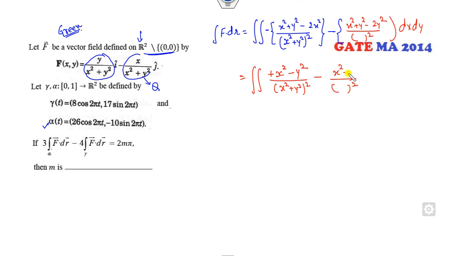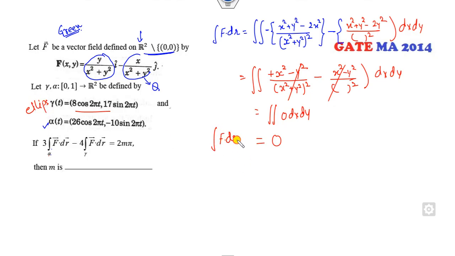It is x square minus y square. So what is the integration of this? It will be cancelled out. So that's a double integration of 0, irrespective whether it's alpha or gamma. That's a 0. What is that? It's an ellipse. Fine. So that means this integration is 0 for alpha as well as this integration 0 for gamma. So that means this part is 0, this will be 0. So 2m pi will be 0, m will be my 0 is the right answer.